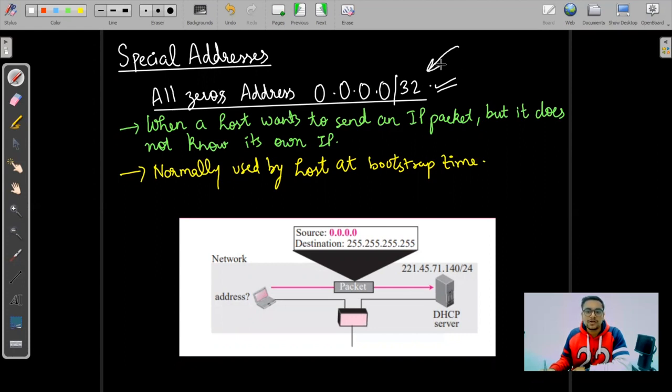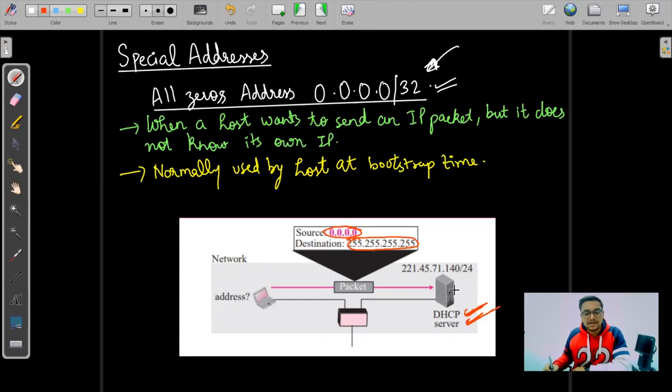So in order to identify what its IP address is, it sends a packet with the destination address 255.255.255.255 and its own source address as the all zeros address, to a specific server which we call the DHCP server, which we will see in the further part of our modules.